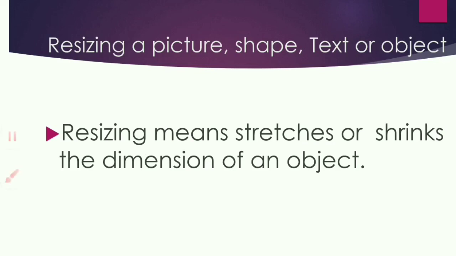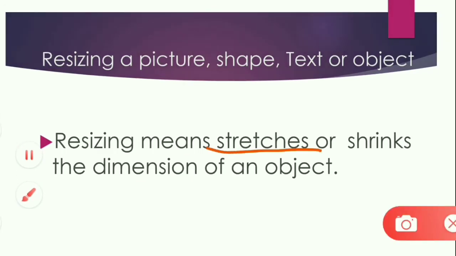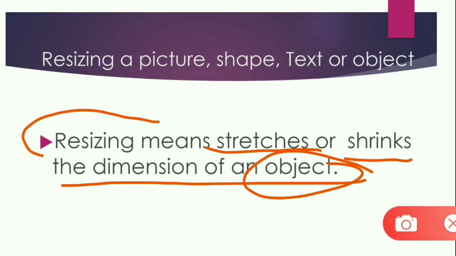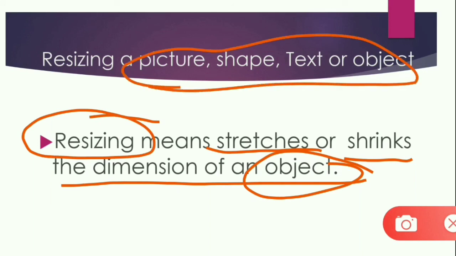Resizing means to stretch or shrink the dimension of an object. It can be an object, it can be a picture, it can be a text or it can be a shape. Okay, you can perform the resizing on any type of these things. Okay, let us see how we can perform the resizing in your presentation.